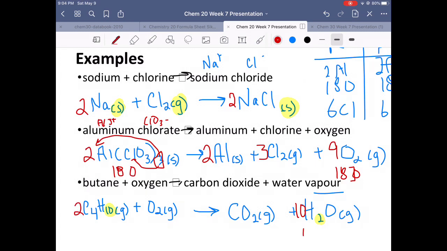Now we have an even number of oxygens, 10 of them. Now we're cooking, okay? 10 oxygens, I can multiply this side by 5. 5 times 2, I've got 10 oxygens. We're good. Notice the hydrogens worked out. 2 times 10, I've got 20 hydrogens reacting, 20 hydrogens being produced. We're good. Let's finish it off here.